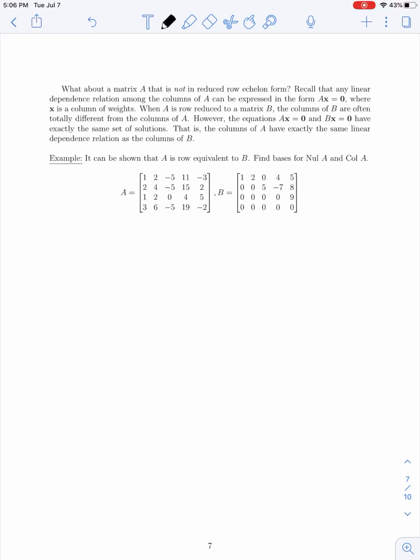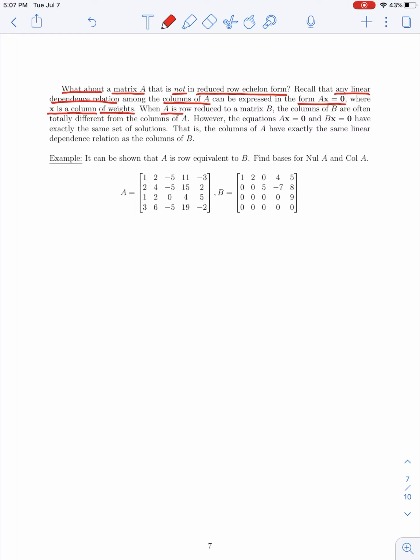So let's consider a matrix which is not in reduced row echelon form. What about such a matrix A? Well, we can recall that any linear dependence relation among the columns of a matrix A can be expressed in the form AX equals 0, where X would be a vector whose entries are the weights of that linear dependence relation.